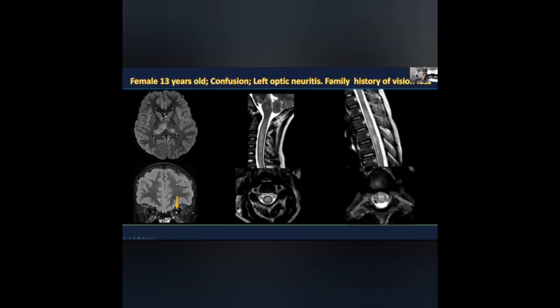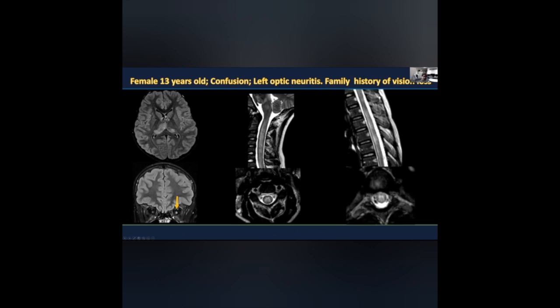Okay, so let's move on to scenario number 4. This is a female patient, 13 years old, with confusion, left optic neuritis, and a family history of vision loss. What we are seeing here are asymmetric lesions in the thalami, right more than left.